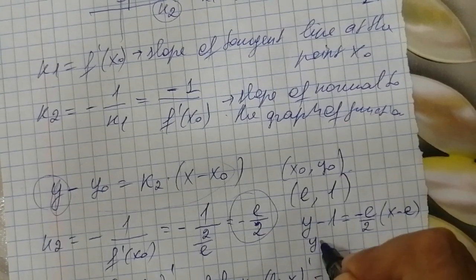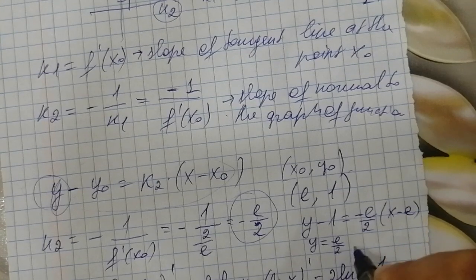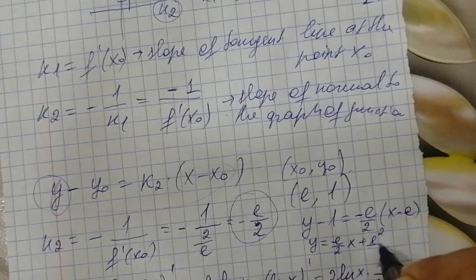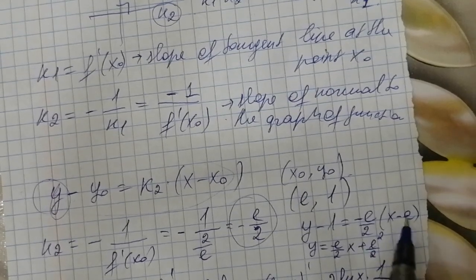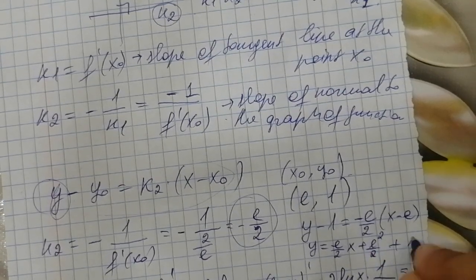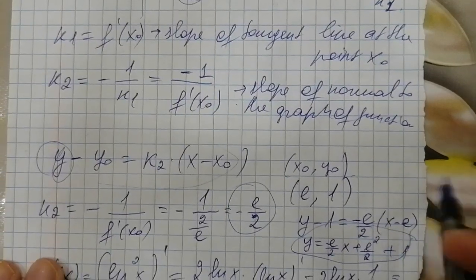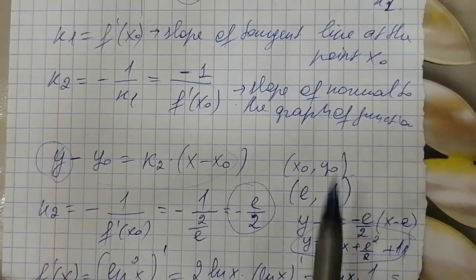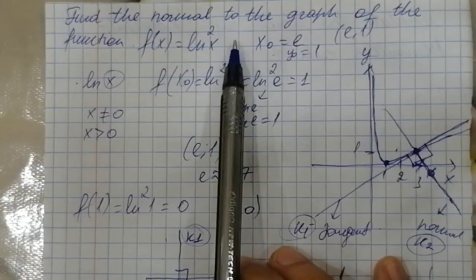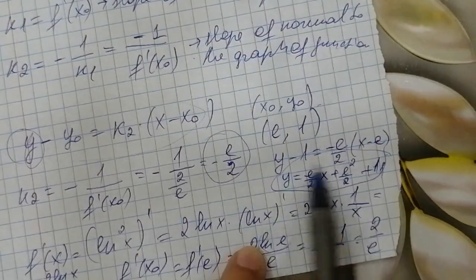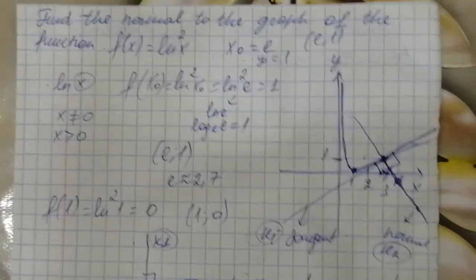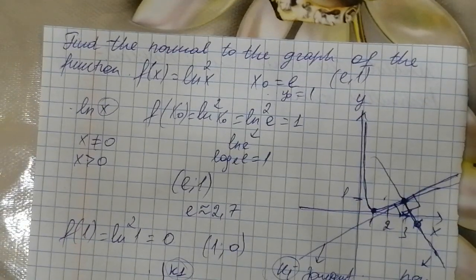Then y is equal to negative e over 2 x plus e squared over 2 plus 1. And this is the normal to the graph of the function at the point x0 equal to e. Yeah, I found the answer.